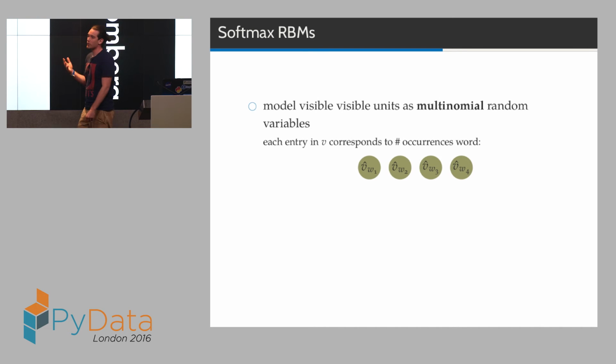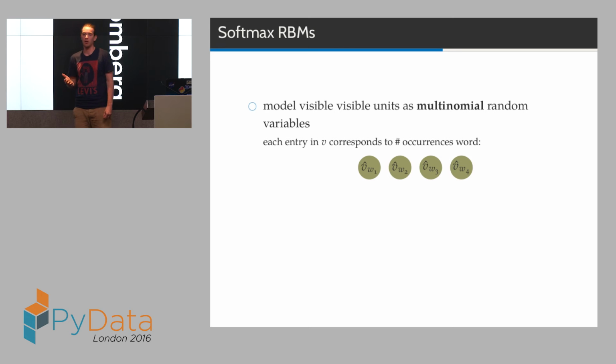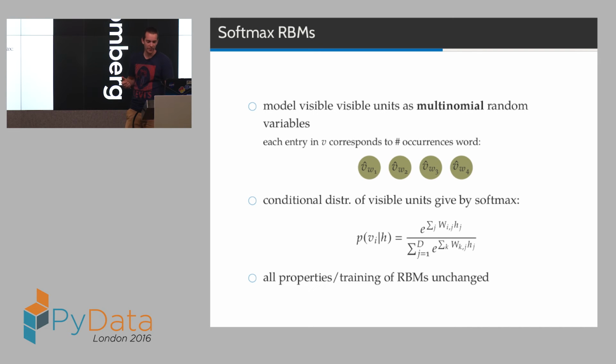Since we're now modeling word counts as opposed to binary random variables, the distribution of our visible units is no longer binary, but multinomial. But all that really changes is the conditional distribution of the visible units given the hidden units, which now follows a softmax distribution. All the other properties of training the restricted Boltzmann machine remain unchanged. More generally, this is true for any exponential family visible units, so you can play around with different classes of visible units.